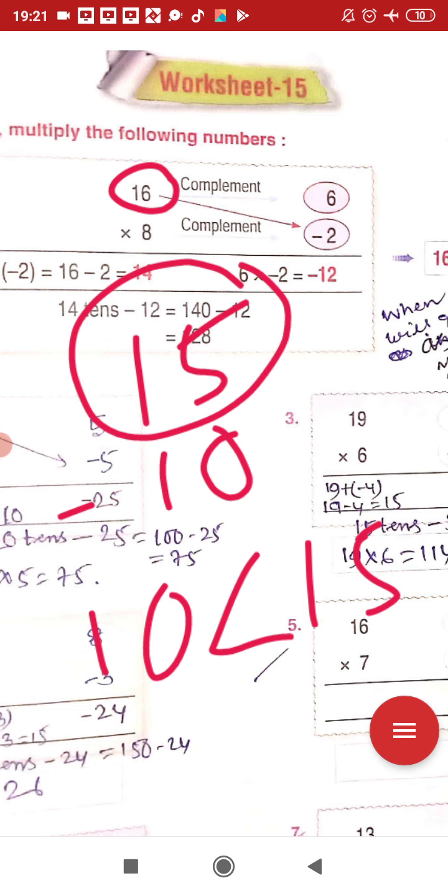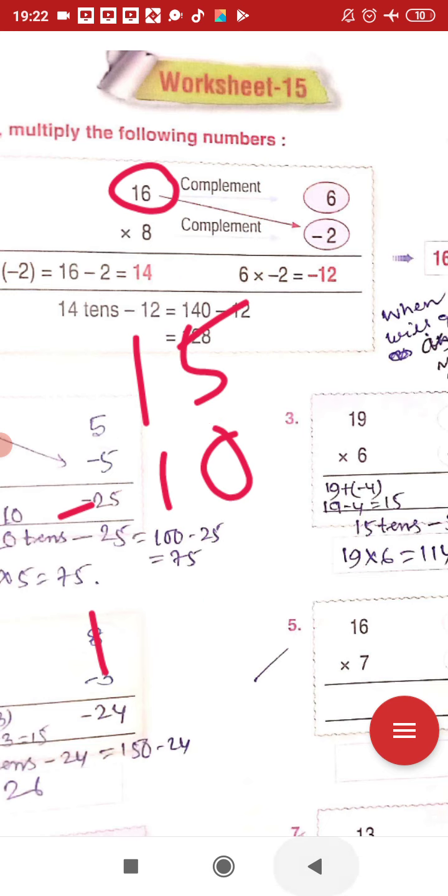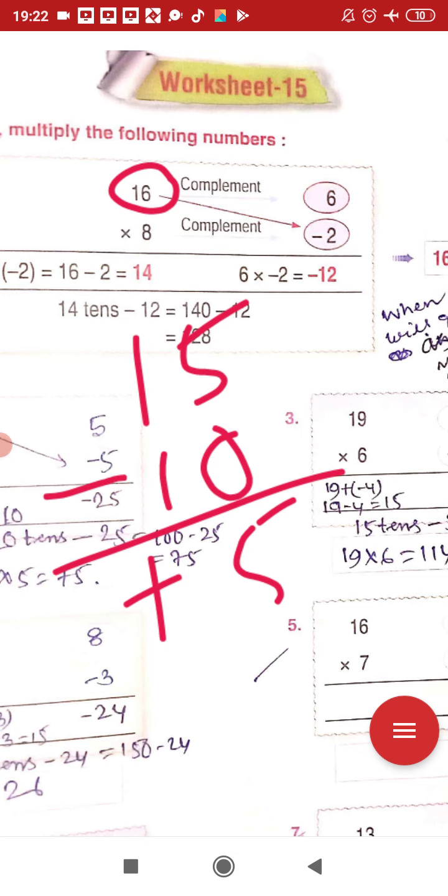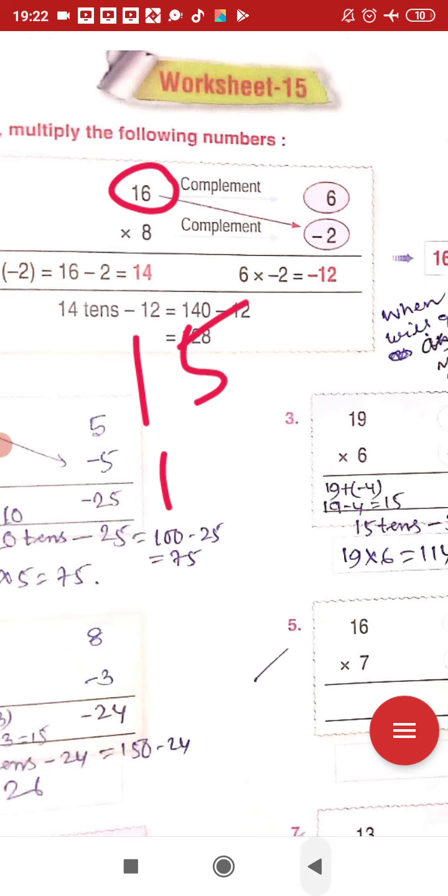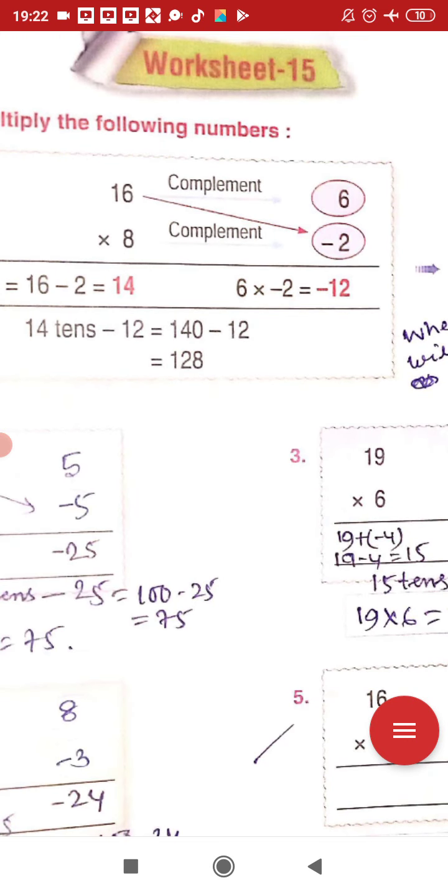So 15 will be on the top, and 10 is the number that should be subtracted from the number. If you subtract 10 from 15 you will get 5. So here your difference, the NIKHILAM, will be a positive number. So you can see 16, that is the number, and its complement is 6.